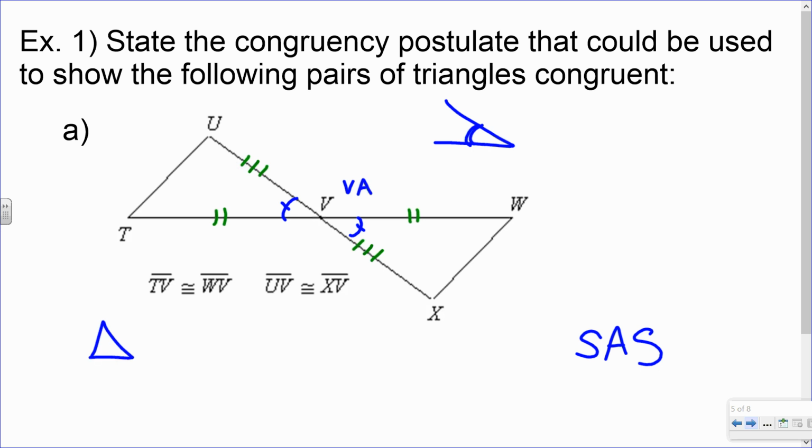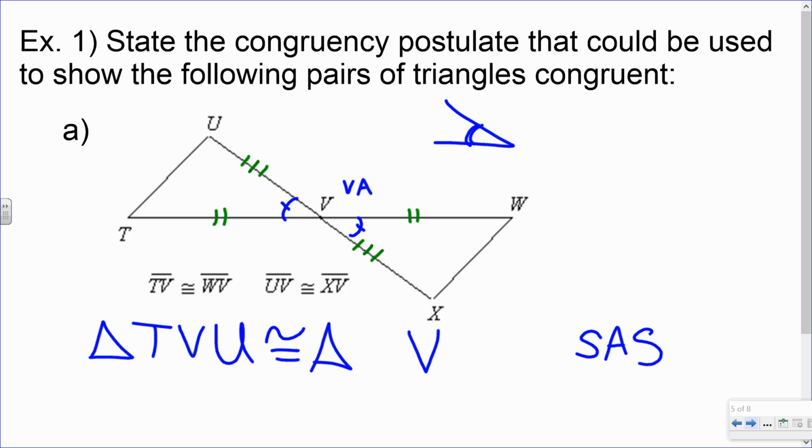So let's practice getting those in matching order. And so we pick one of the triangles, we write its vertices down in any order. So TVU is going to be congruent to the other triangle. And so let's see, I've already figured out that the V's match up, so I know V has to be the middle letter in there.